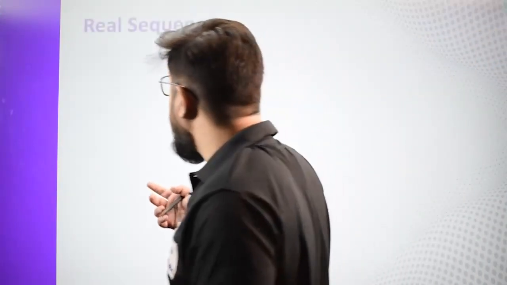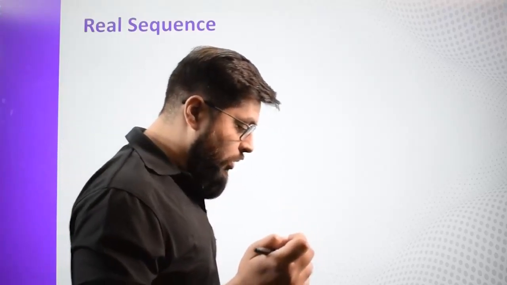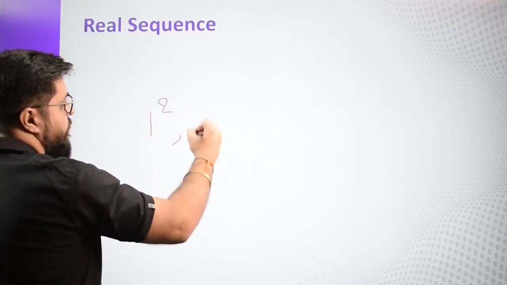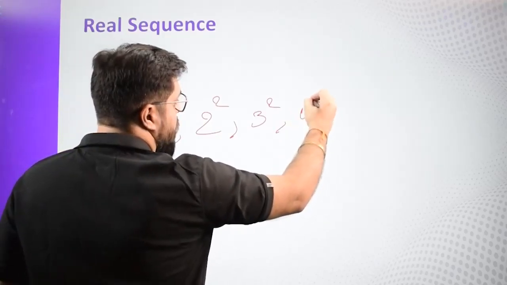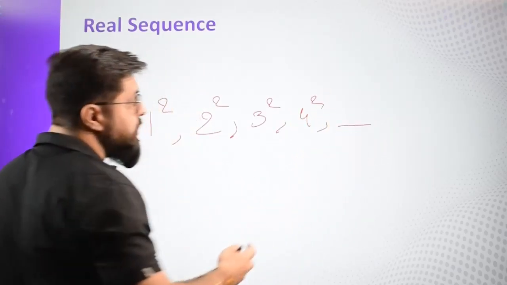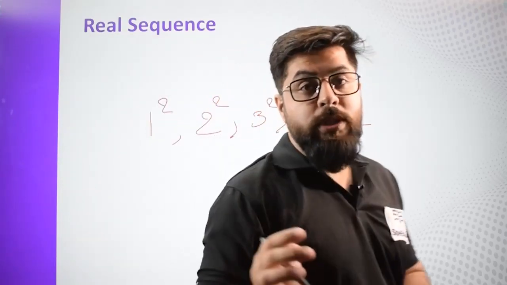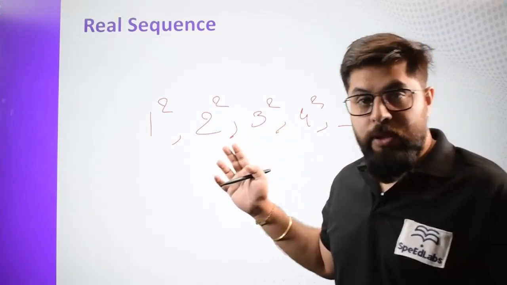Now let's define some sequences. In our primary classes also we have studied terms like these. So is this a particular sequence? Yes, it is a particular sequence. Why? Because this is a sequence of the squares of the natural numbers.